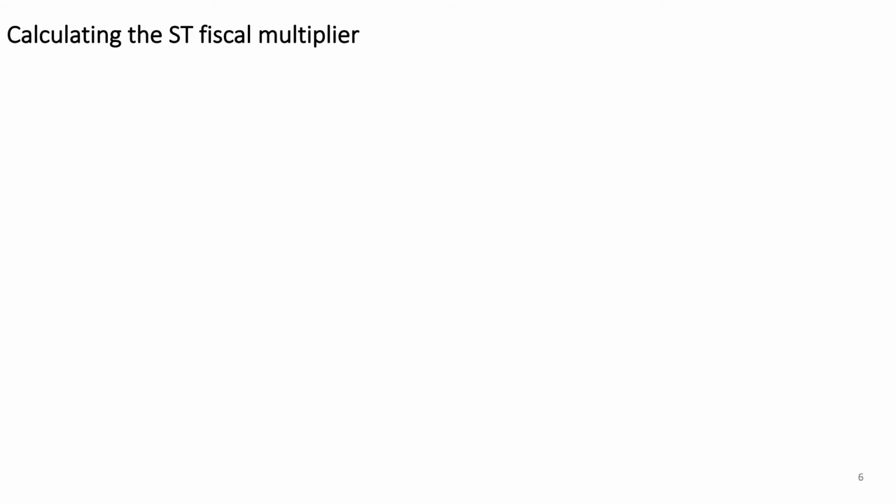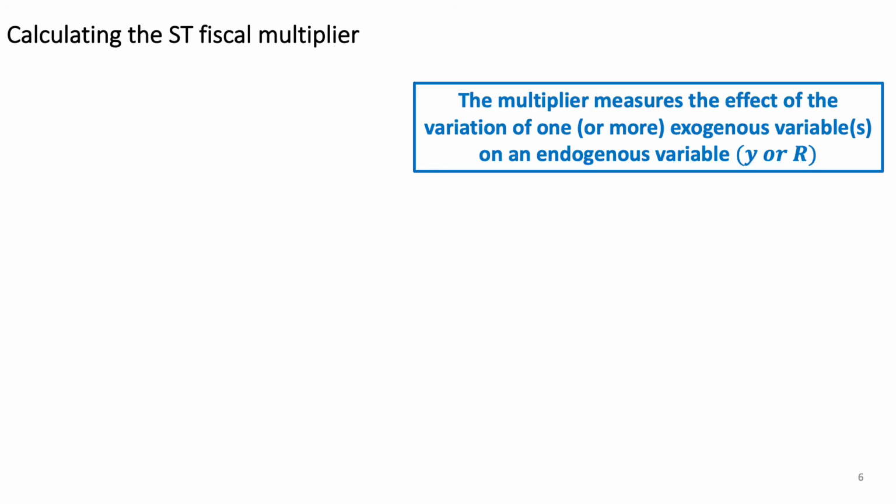Let's now calculate the multiplier in the ISLM model, which includes the monetary and financial sphere. Remember that a multiplier measures the effect of the variation of one exogenous variable on an endogenous variable. In our example, this corresponds to measuring the impact of an increase in public spending dg on the revenue y.